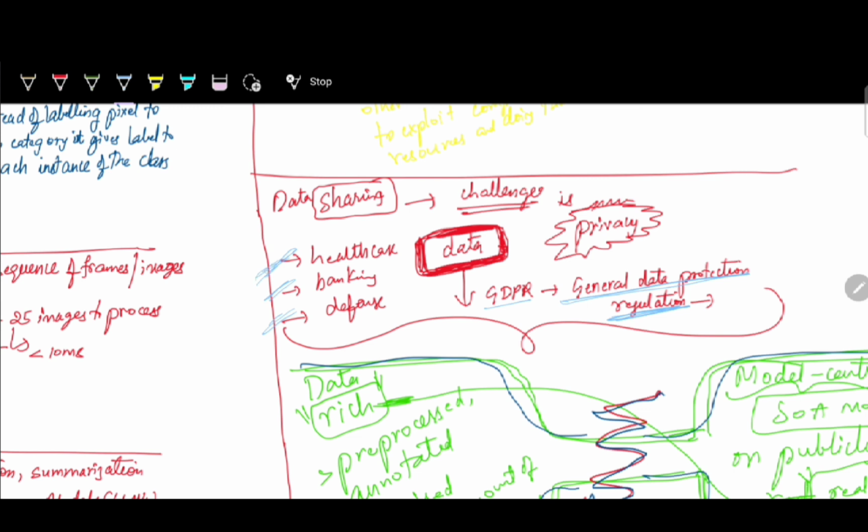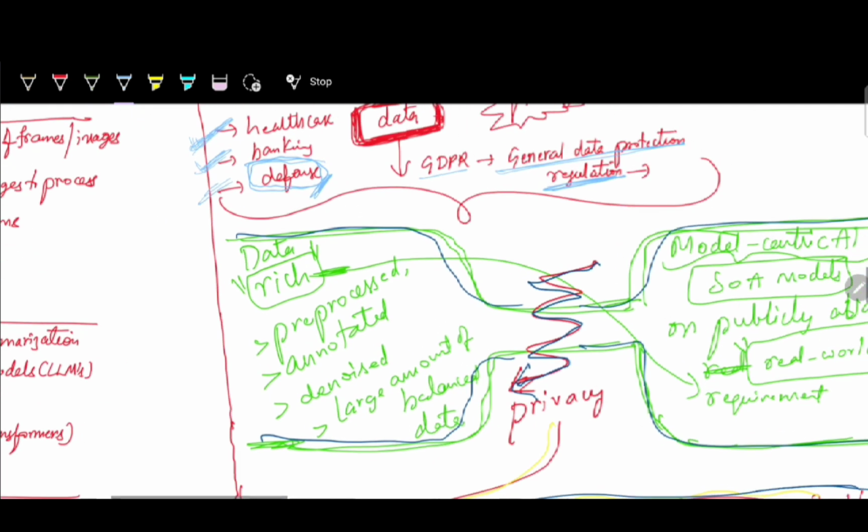For example, in healthcare, patients' data very much needs to be privatized. Banking data, personal information, and the defense of a country: if the data gets into the wrong hands, the defense of a country entirely gets into the wrong hands, and anyone can misuse that information.